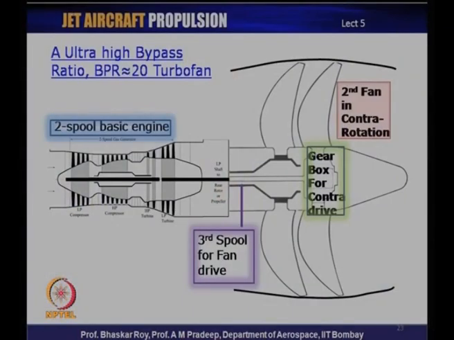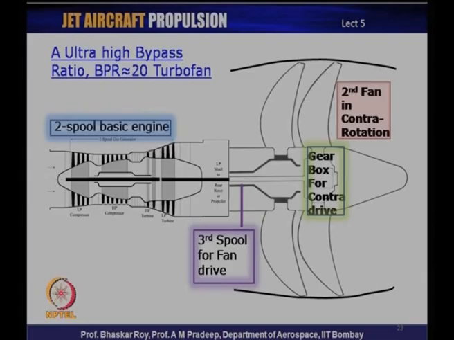I will leave you today with one more engine, which is called the prop fan engine. This has a very high bypass ratio, BPR, of the order of 20, and it has huge fans.